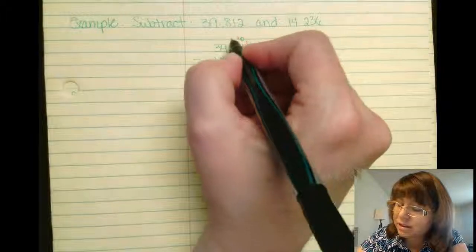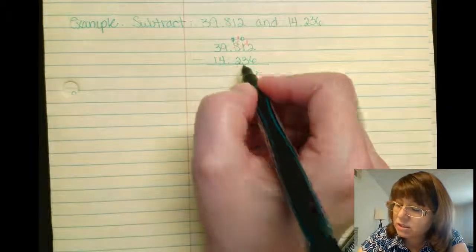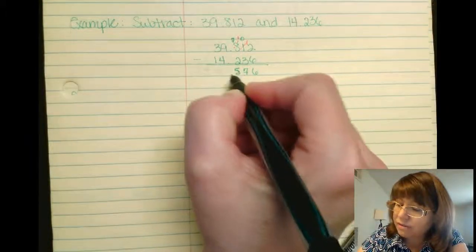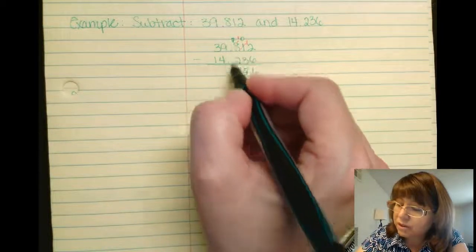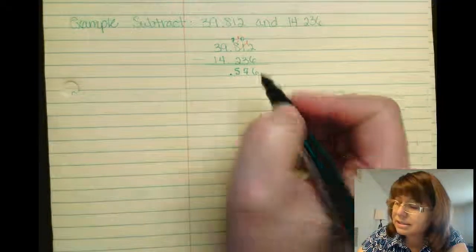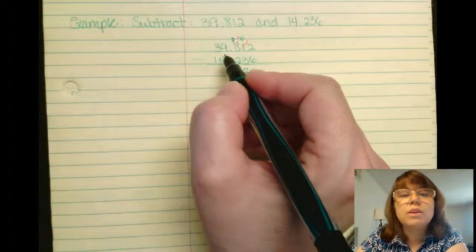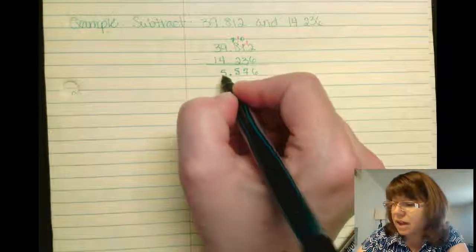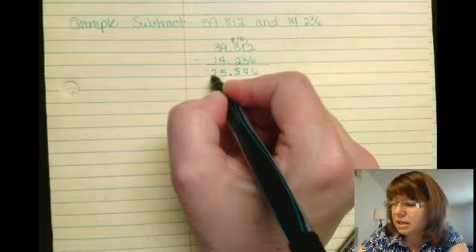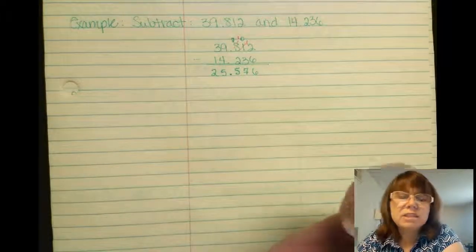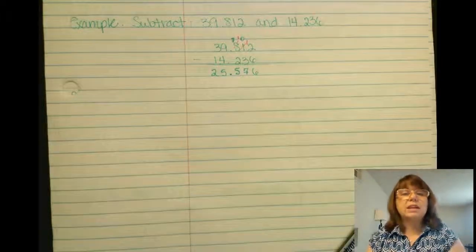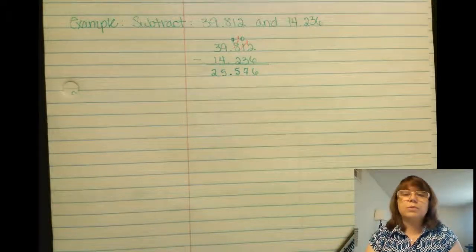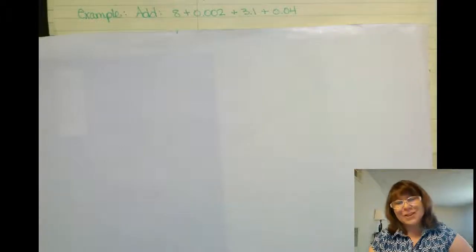The 8 is now a 7. 7 minus 2 is 5. Bring down the decimal exactly where it is. 9 minus 4 is 5. And 3 minus 1 is 2. That's it. So the really only difference is we line up the decimal and bring it down when we need to. Let's try another example.